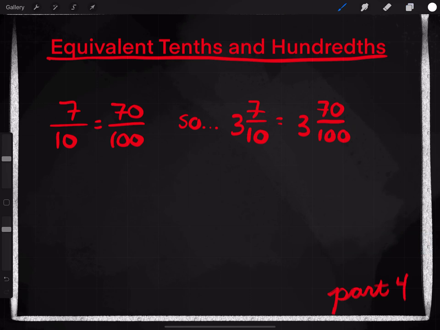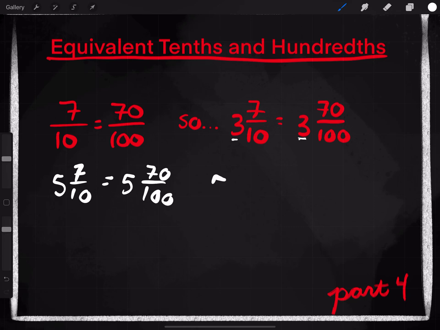So with fractions, 7/10 is the same thing as 70/100. So that means that if you put a number in front of it like 3, that doesn't change the fraction part. So 3 and 7/10 is the same as 3 and 70/100. You could also say 5 and 7/10 is the same as 5 and 70/100.